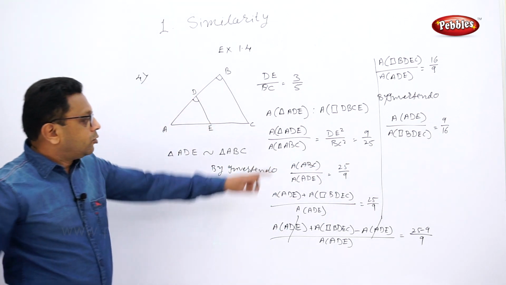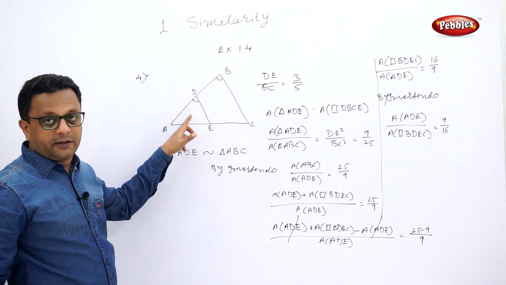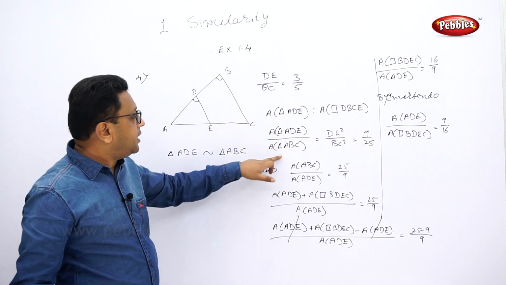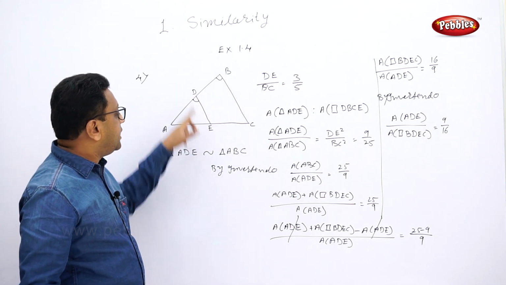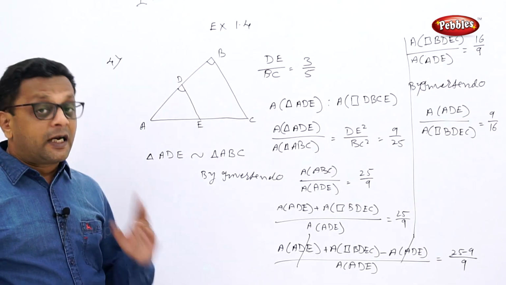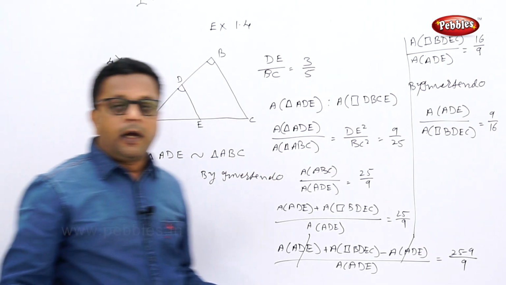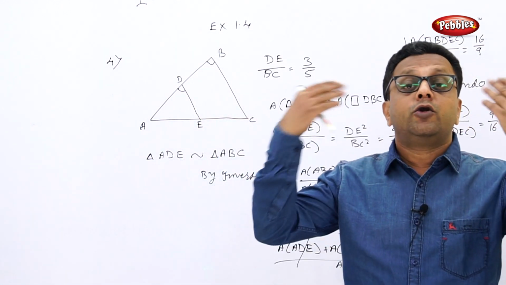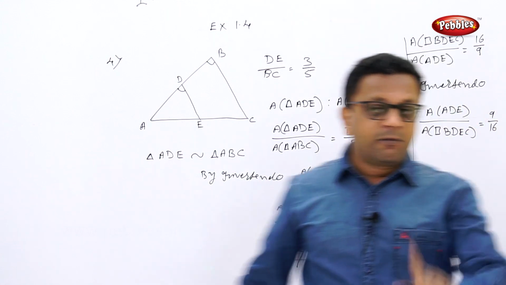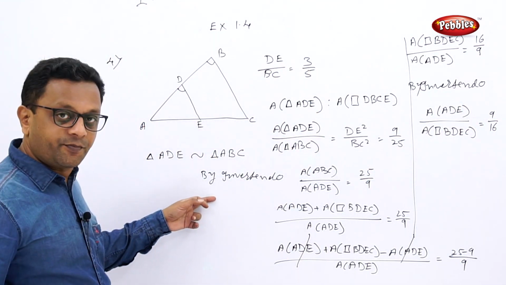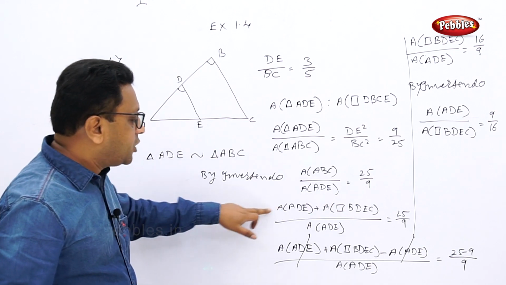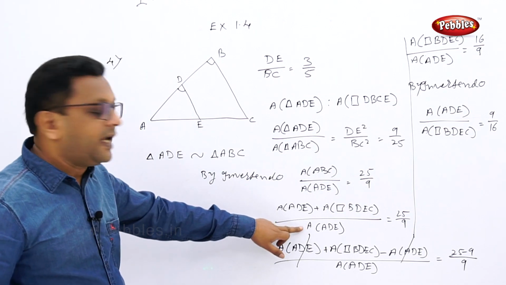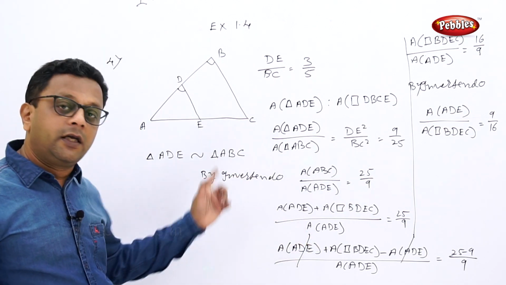After this, I know that ABC has got two areas, one triangle, one quadrilateral. So if I substitute it here like ADE plus BDEC, then what will happen? That will go on the denominator, and it is always better that the expressions should be on the numerator side. So that is why I am doing invertendo. And now my expression, the bigger expression, has come on the numerator, and this single one, ADE, has gone to the denominator by invertendo.